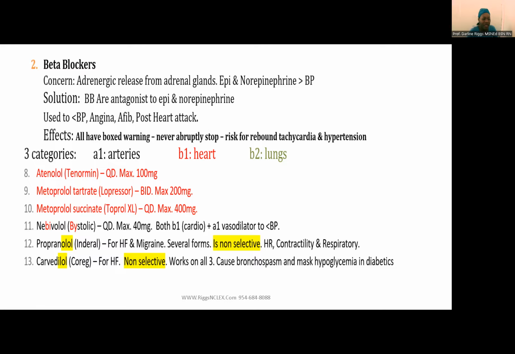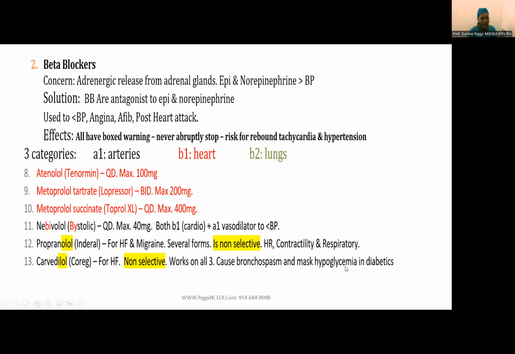but the problem with them is they're non-selective. They're going to have an A1, B1, B2 effect. So if you have a client with a respiratory condition or history of, this is not the drug for them, right? It's going to affect heart rate, contractility, and respiratory. It causes bronchospasm. It's going to also mask hypoglycemia.